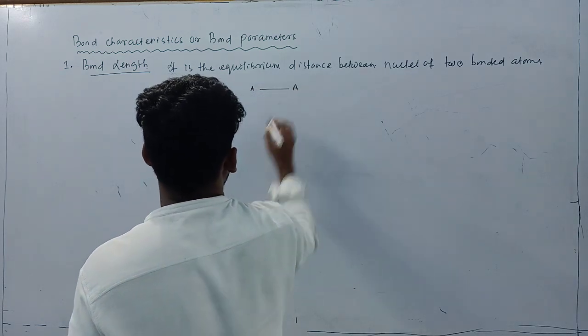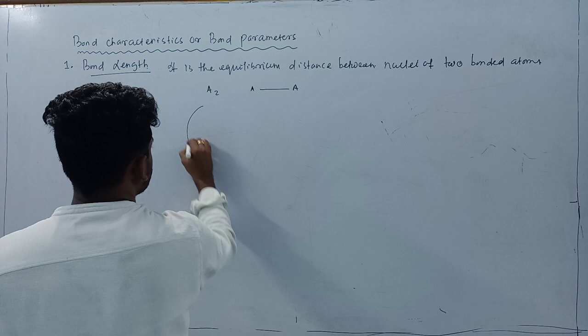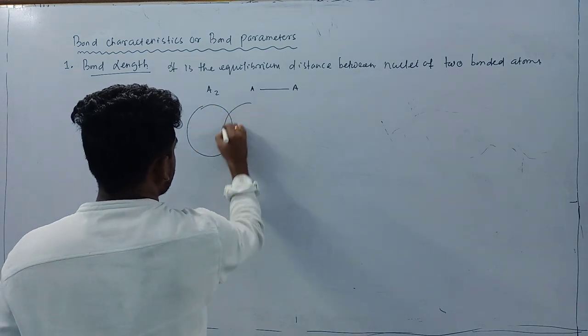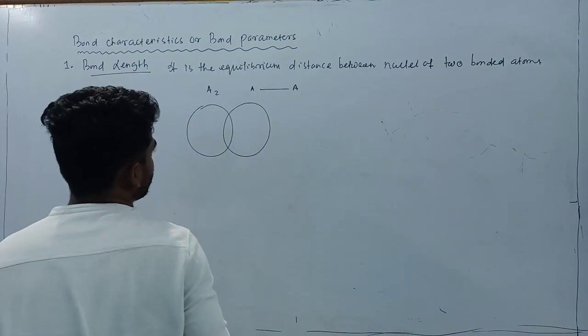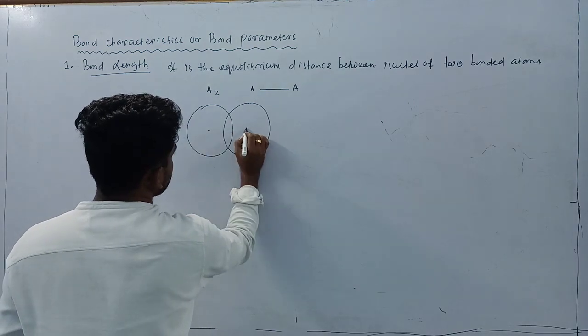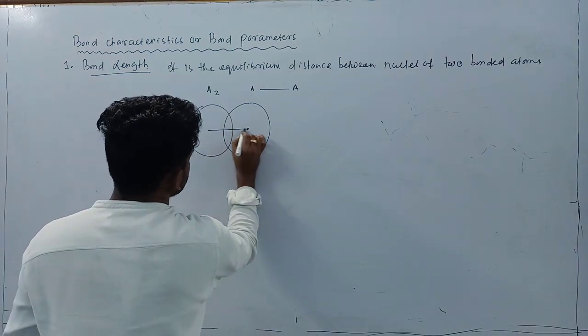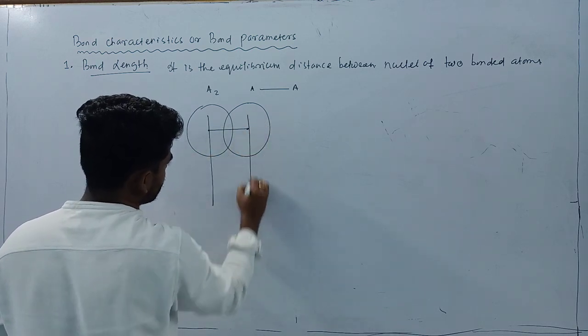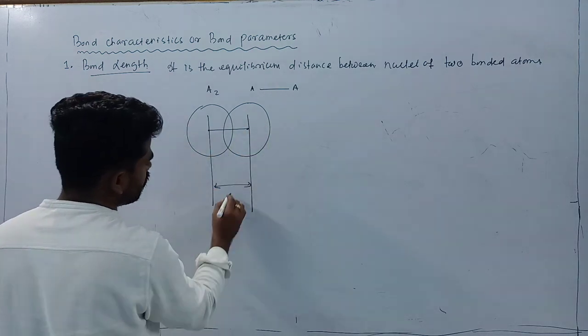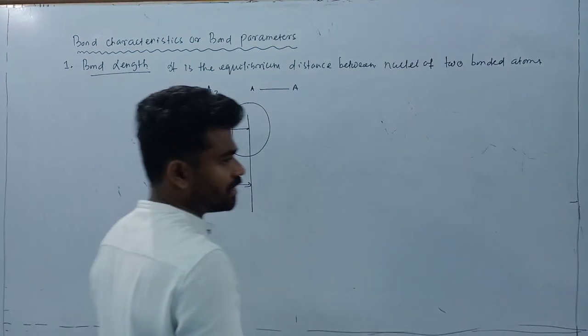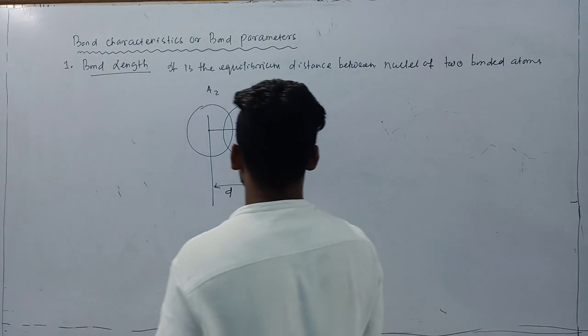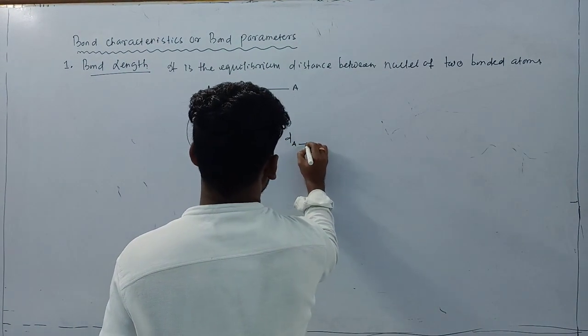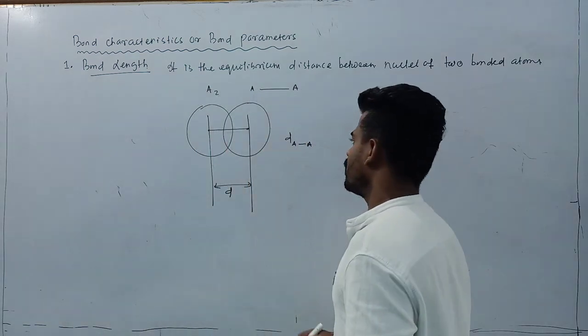Here this one is one atom, this one is another atom, and these are two nuclei. This internuclear distance is called bond length. It is designated as D. So DAA is the bond length of the A2 molecule.